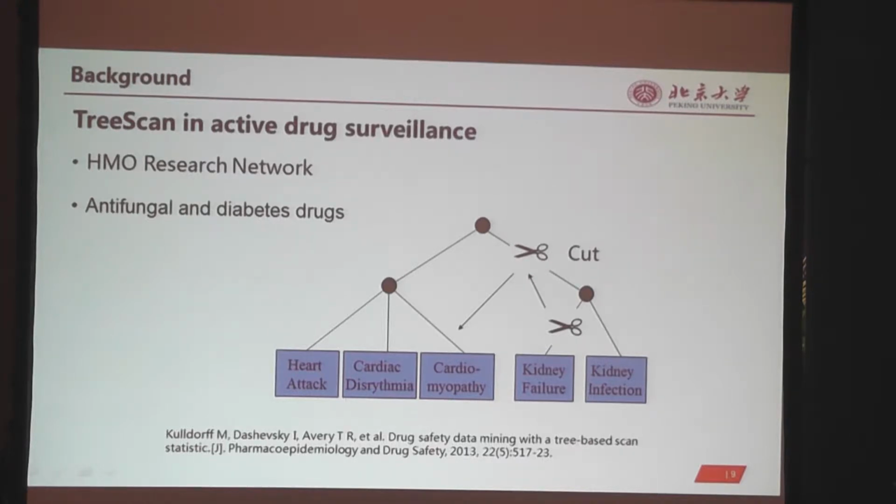In that study, researchers used a claims database of 3 million members, and combined with this method, they assessed the safety of selected antifungal and diabetes drugs. This method has also been used for vaccine safety studies in the FDA Sentinel program.